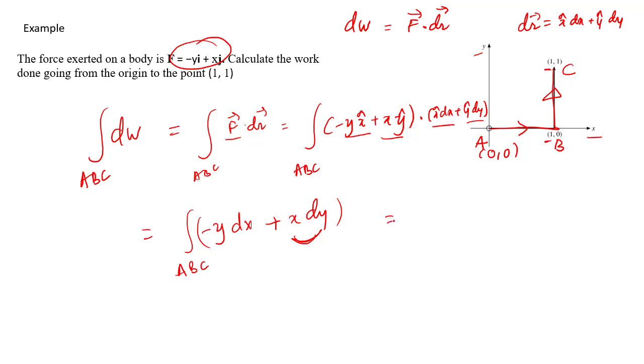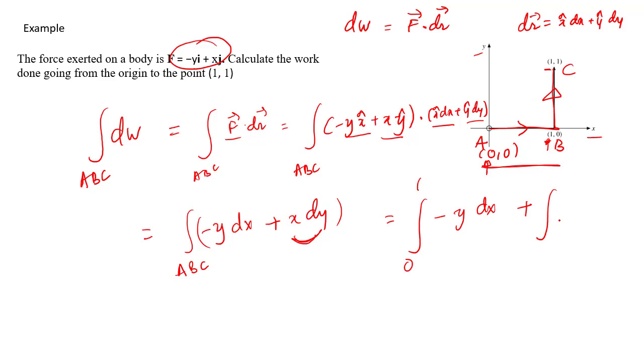So I can rewrite this integral as minus y dx. This term is not 0 only along A to B, because only along A to B we have a change in x, and that x is changing from 0 to 1. So we have 0 to 1. Plus, then there is the second integral, that is x dy.